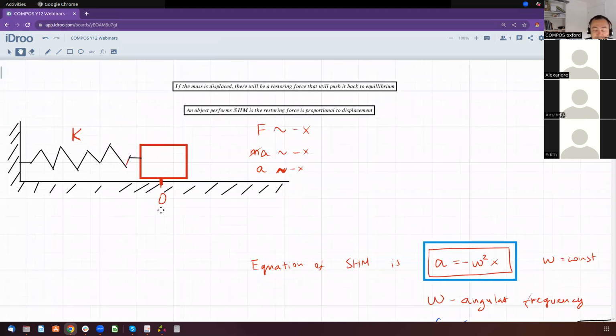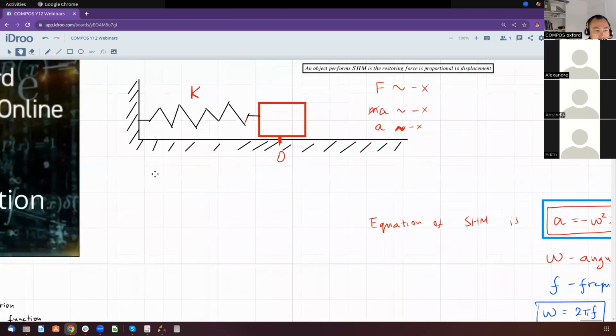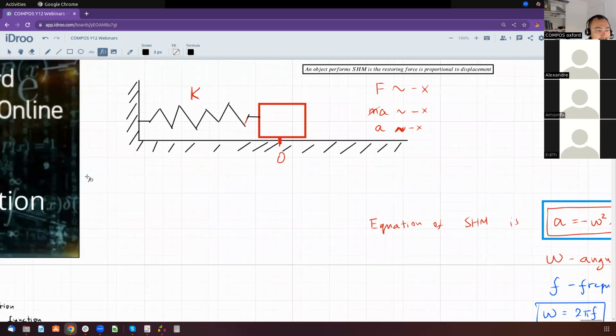So every problem on simple harmonic motion is done in the same way. So first, the algorithm to solve problems on simple harmonic motion.